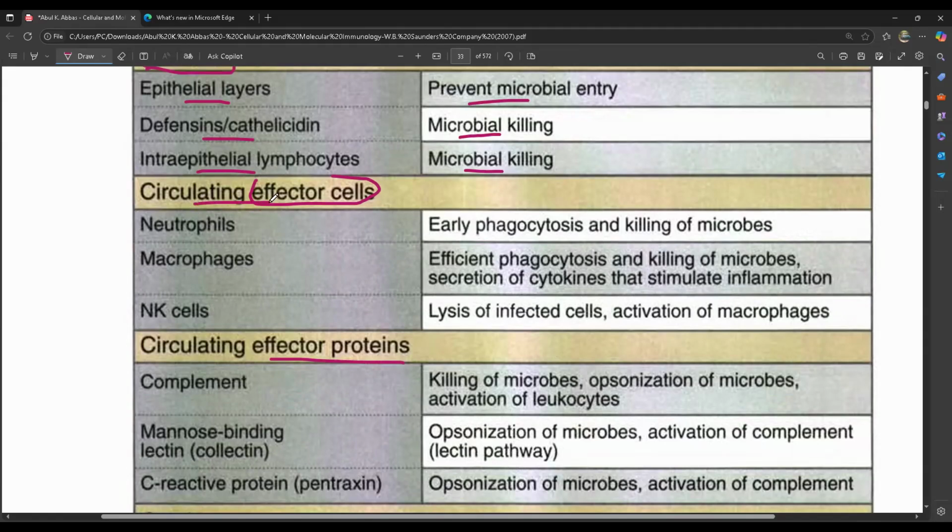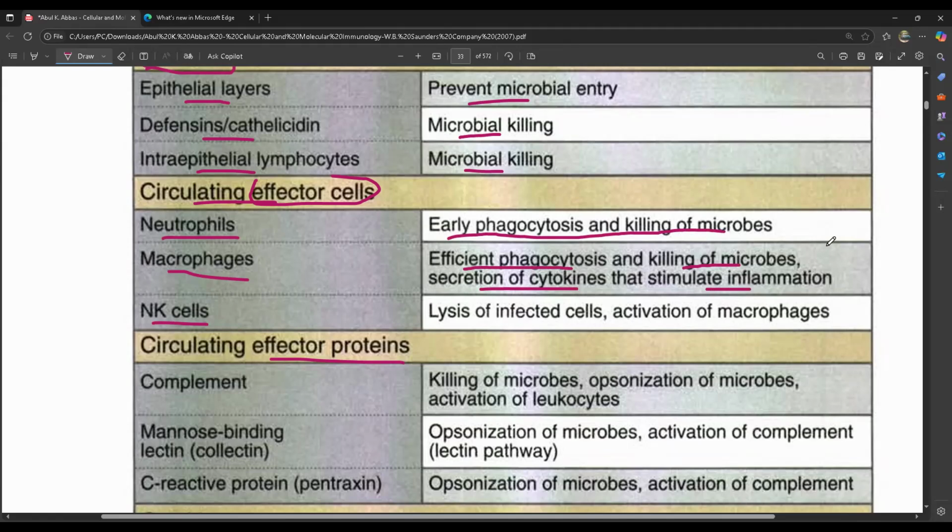Then we come to the circulating effector cells, and in these we see neutrophils, macrophages, and natural killer cells. Neutrophils carry out early phagocytosis and killing of microbes. Macrophages carry out efficient phagocytosis and killing of microbes, and secrete cytokines that stimulate inflammation.